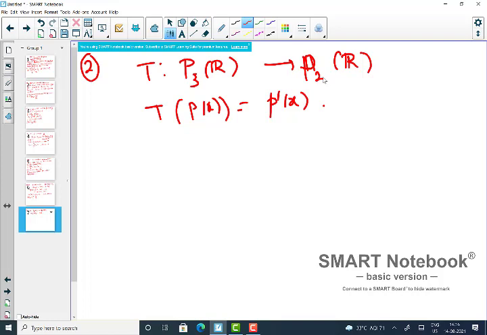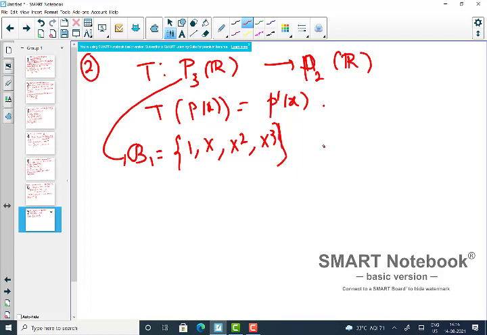But then the question is how to find the matrix. Here we will have a basis. We write B1, which is the basis for P3(R), and I'm taking the standard basis. B2 for P2(R) is again the standard basis.